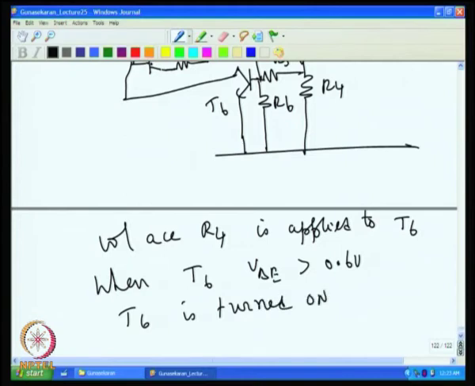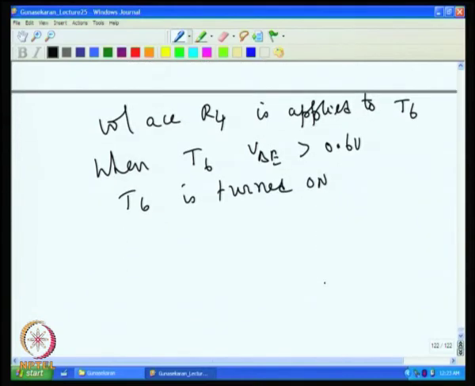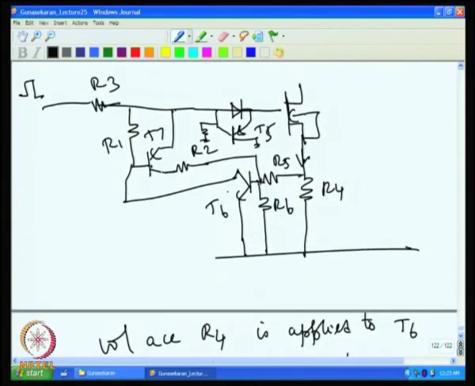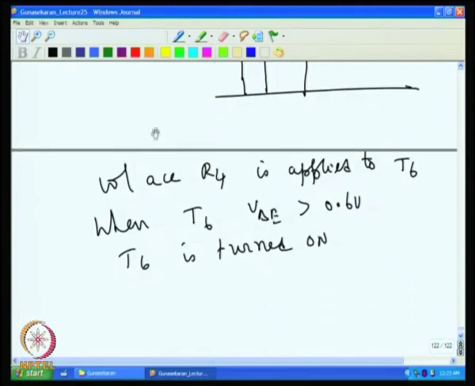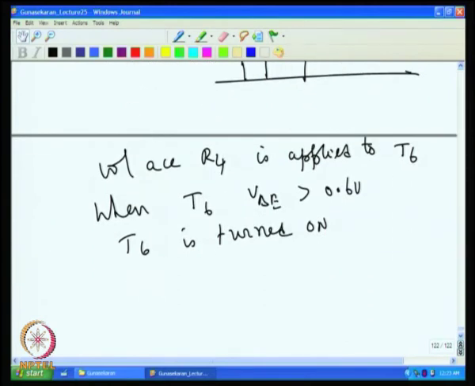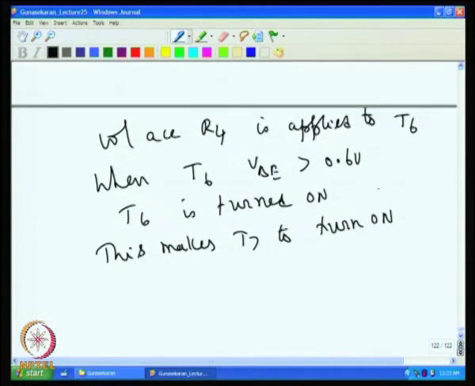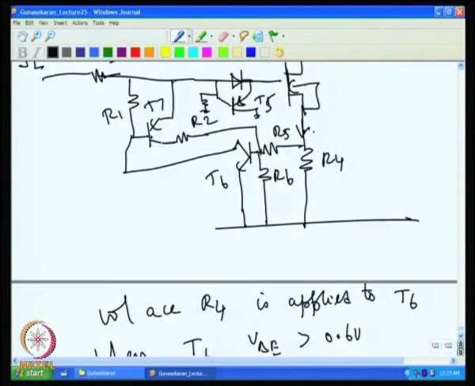T6 turned on. Once T6 is turned on, then T7 will be turned on once the voltage across R1 goes above 0.6. This makes T7 turn on. Then once T7 turns on, T6 gets latched.